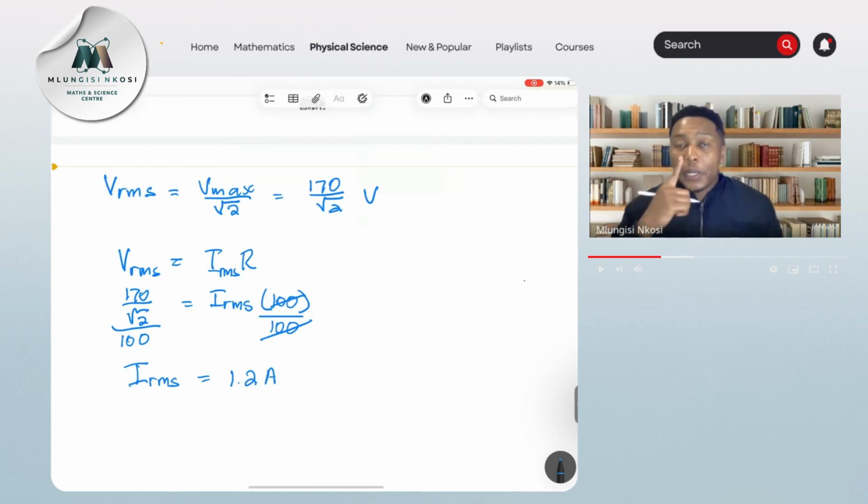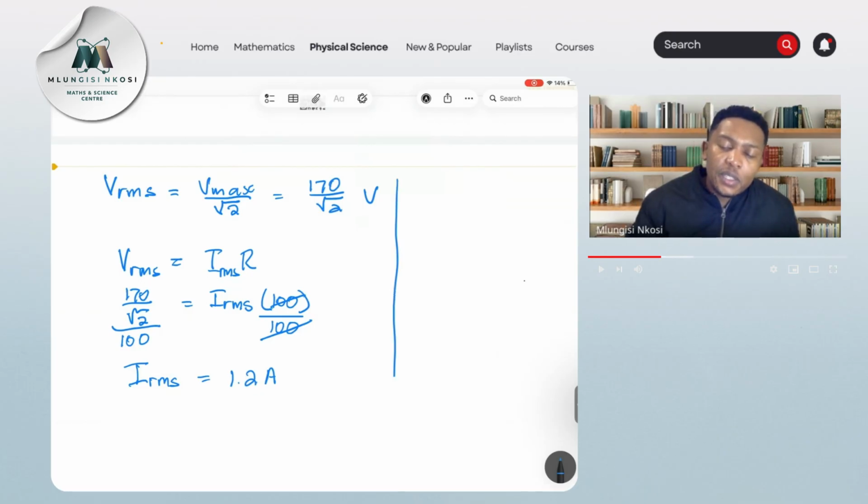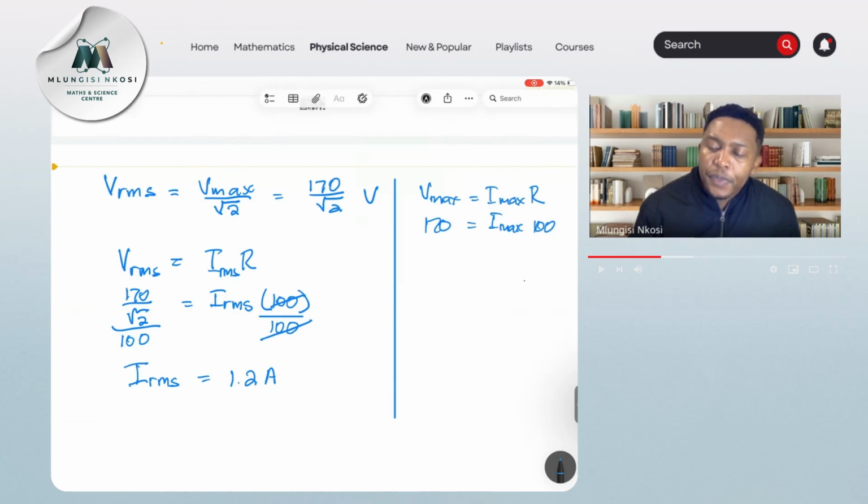Okay, right. Now, how you could have actually calculated this as well is you could have said, look, I'm given the peak voltage, so Vmax will be Imax times R. So you could have found out what Imax is, right? So that's 170 equals Imax times 100. Okay, divide both sides by 100.